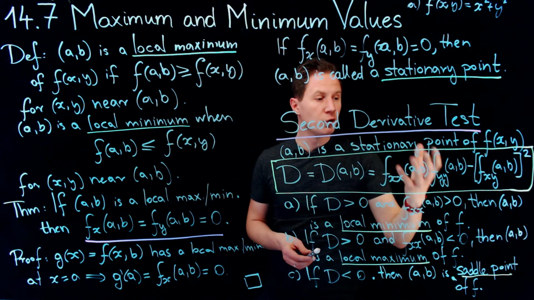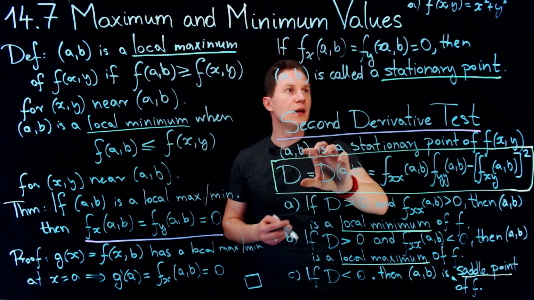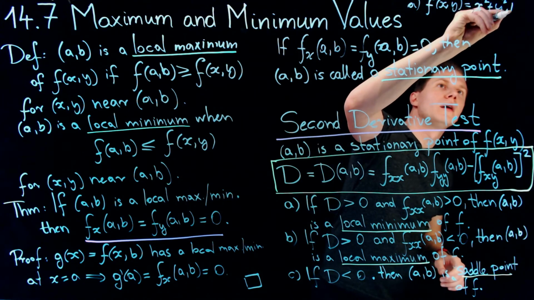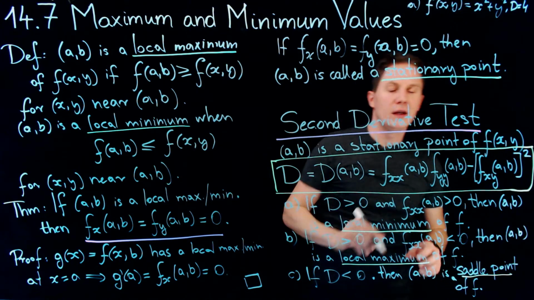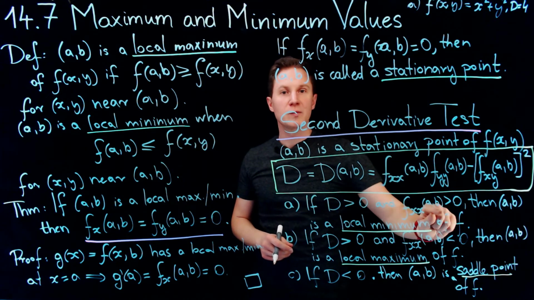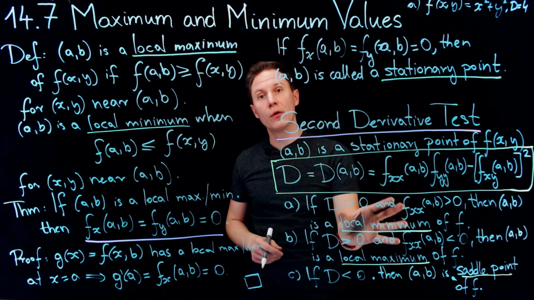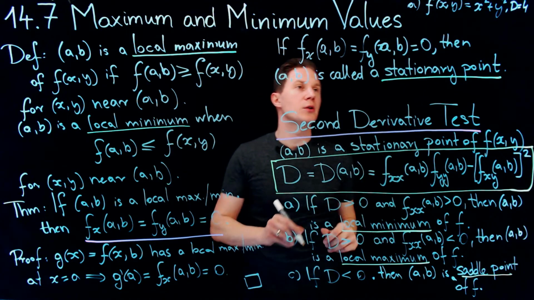That multiplied gives you 4, and the mixed partial derivatives vanish. So D for this function is 4, is positive, and also the second order partial derivative with respect to x is positive, so 0, 0 is a local minimum of this function.